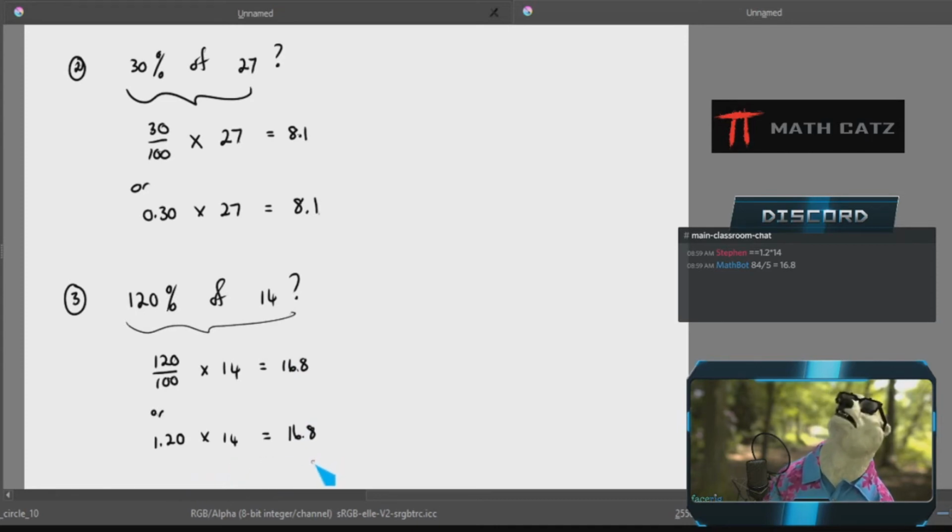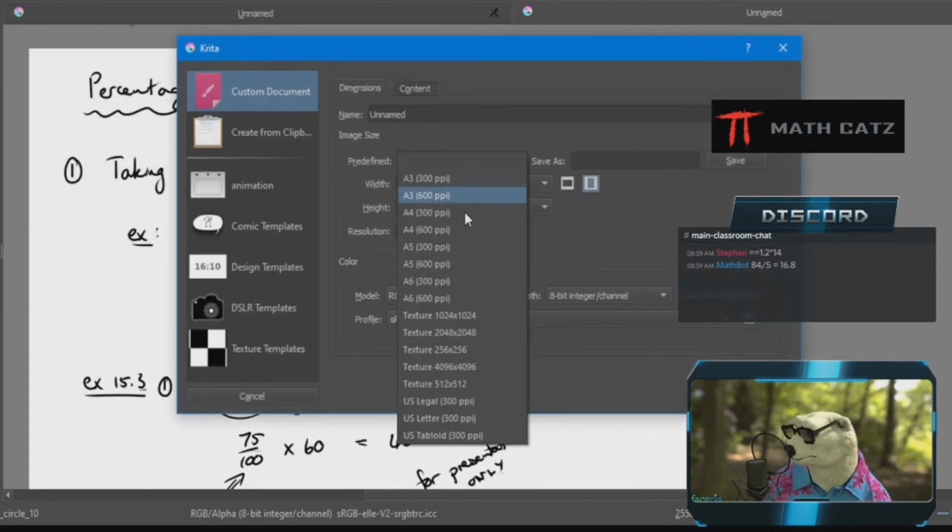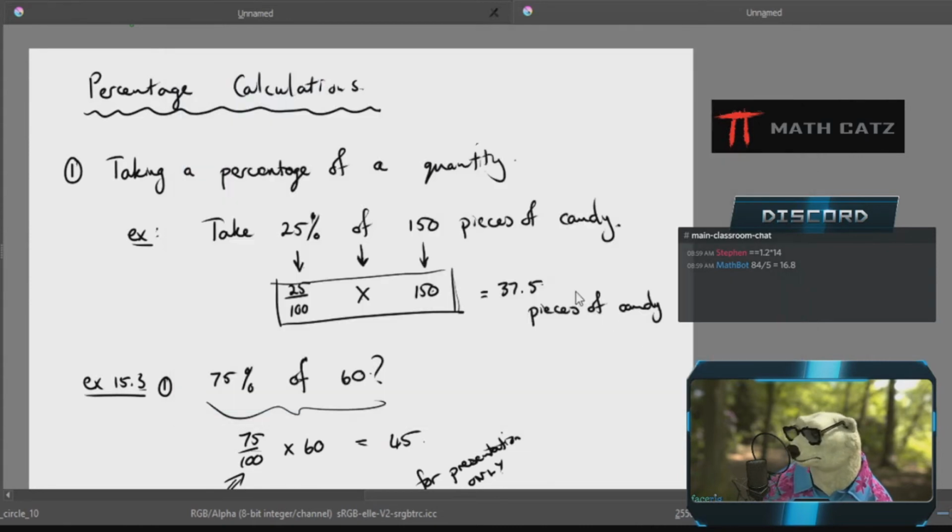So it might be one that you are leaning towards, and that's a good thing. But don't forget where the percentage comes from. It comes from the fraction. All right, so that's our first one. Taking a percentage of a quantity, could be a large percentage, could be a small percentage, it really doesn't affect the calculation.